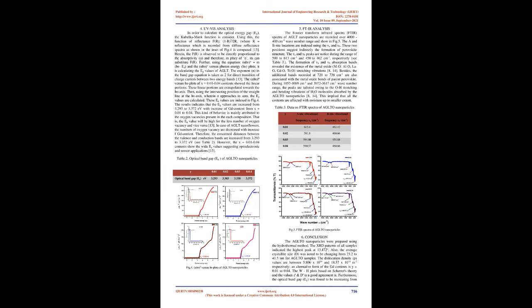These Eg values are indexed in Fig. 4. The results indicate that the Eg values increase from 3.293 to 3.372 eV with an increase of Gd content from x equals 0.01 to 0.04. This kind of behavior is mainly attributed to the oxygen vacancies present in each composition.